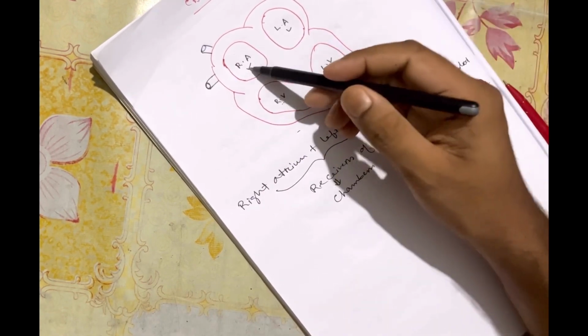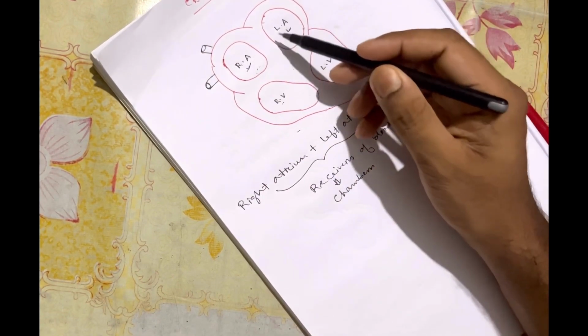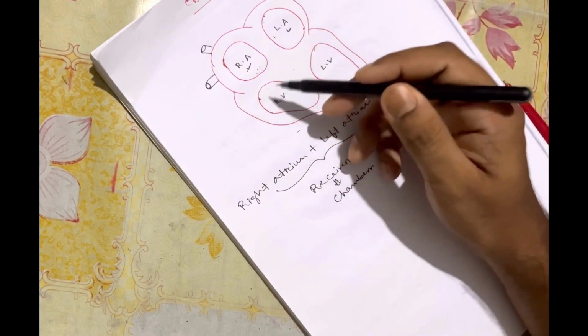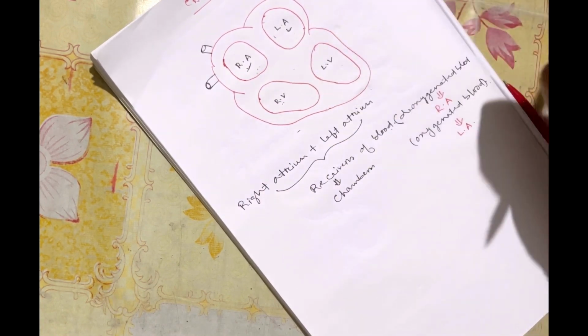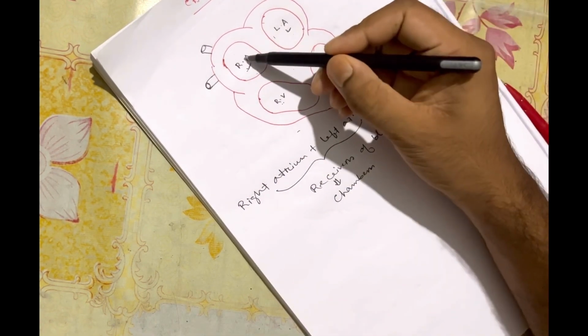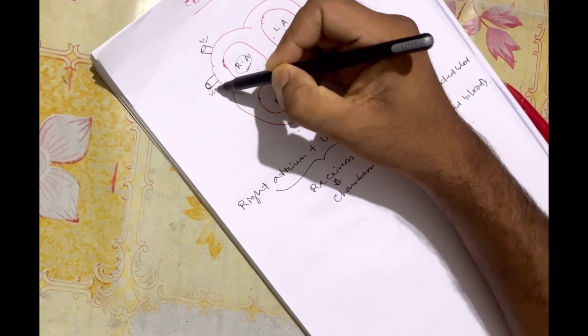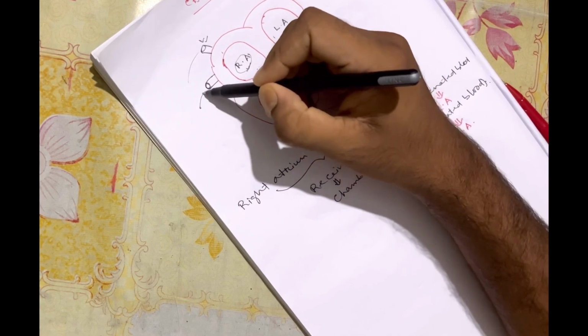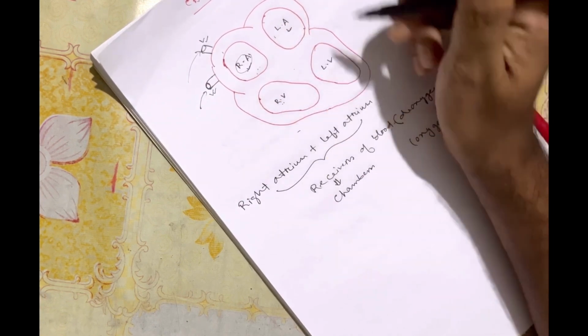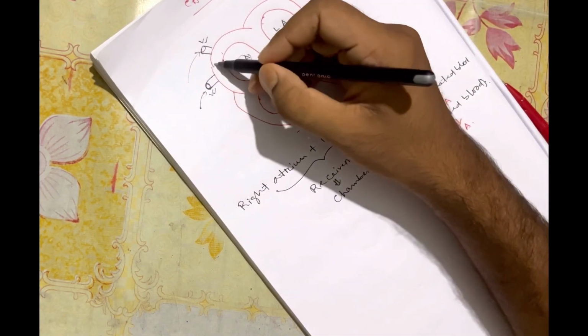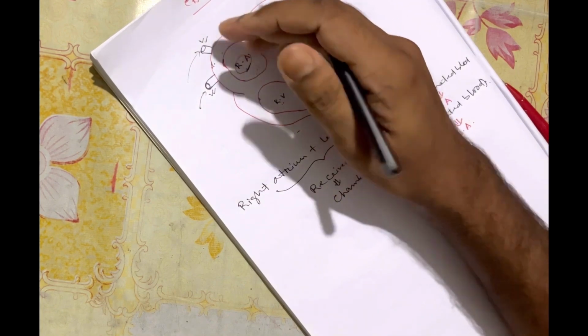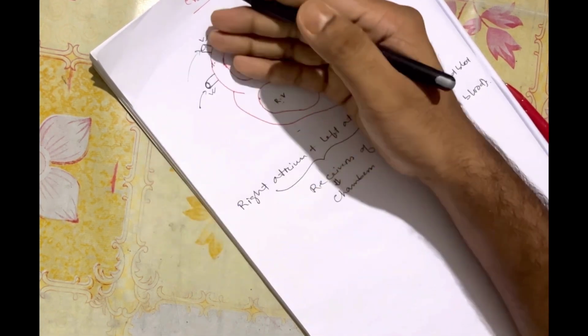But both atria are receiving blood from external sources. In case of the right atrium, deoxygenated blood comes in from the superior vena cava and the inferior vena cava, from outside the heart.